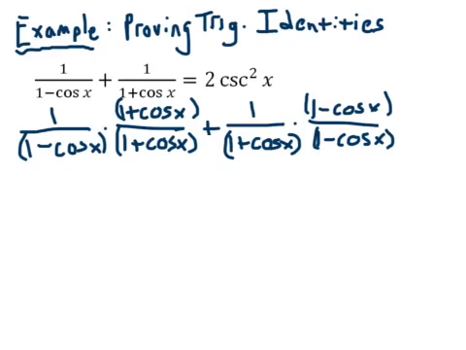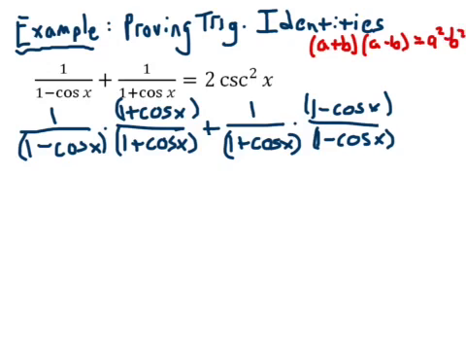Okay. So this left-hand side equals this. We're just manipulating the left-hand side of the original equation. And so when we multiply here we have 1 minus cosine x, 1 plus cosine x, and back when we were working with some algebra, you might remember that we have this identity, a plus b times a minus b equals a squared minus b squared.